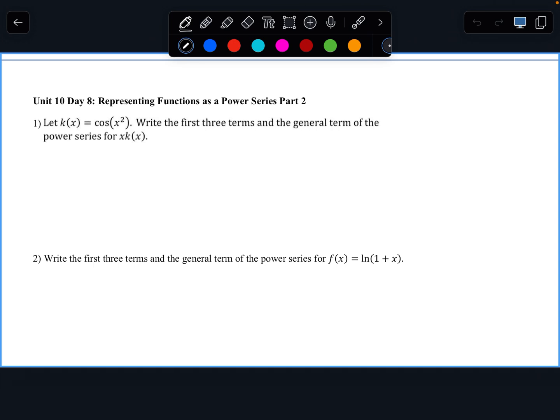So like cosine, you know the power series for it, so cosine x is how you start. So you would do 1 minus x squared over 2 factorial plus x to the 4th over 4 factorial. And then how many do I need? 3 terms.